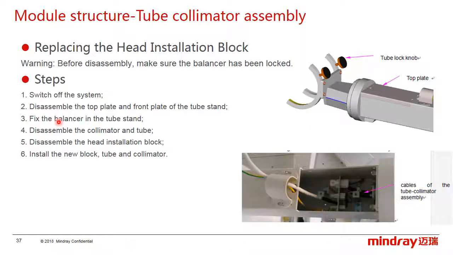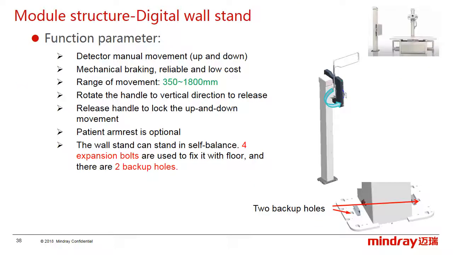Second, disassemble the top plate and front plate of the tube stand. Third, fix the balance in the tube stand. Fourth, disassemble the collimator and the tube. Fifth, disassemble the head installation block. The last, install.